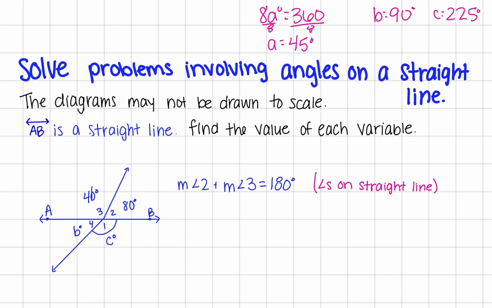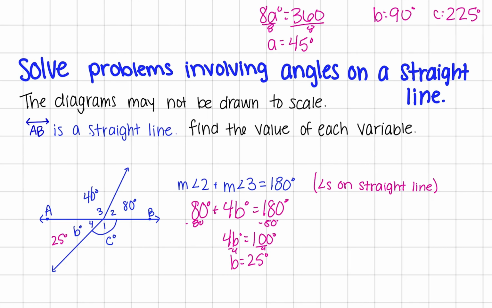Okay, sorry, my fault. So the measure of angle 2 is 80 degrees, and the measure of angle 3 is 4B degrees, which equals 180. We subtract 80 from both sides, and we get 4B equals 100 degrees, so B equals 25 degrees. Okay, so we know that B is 25 degrees.